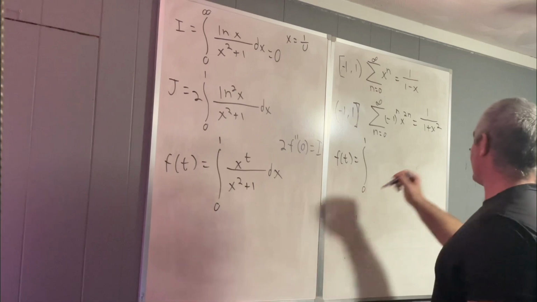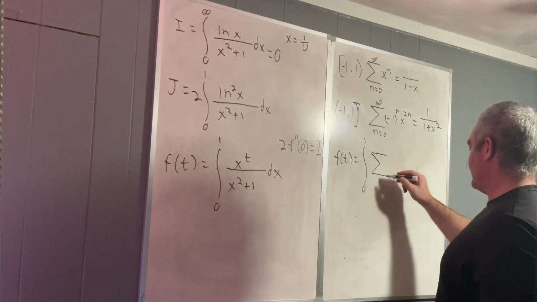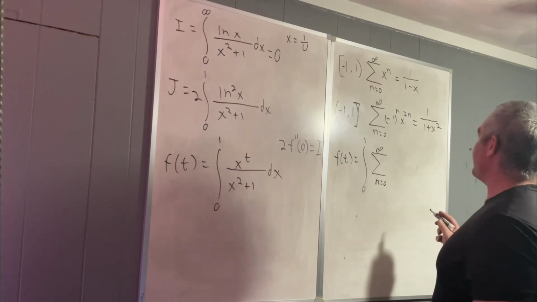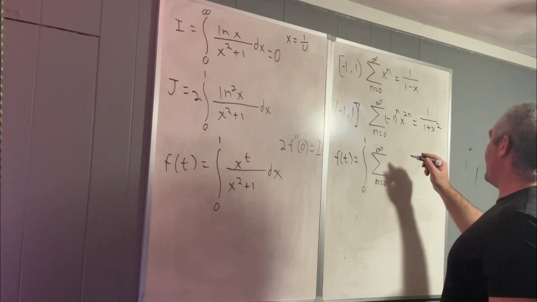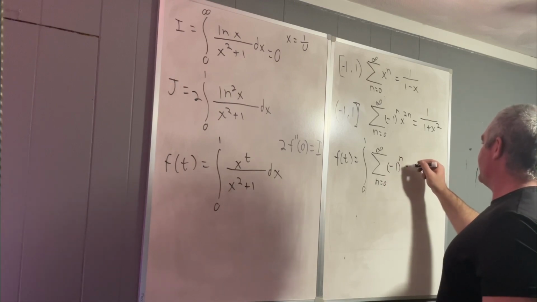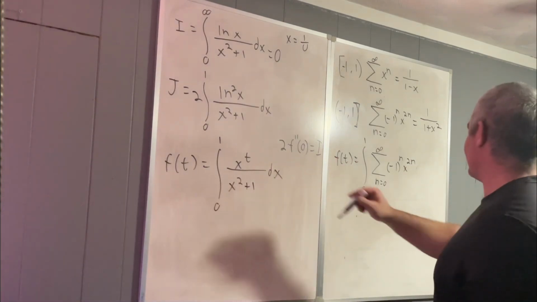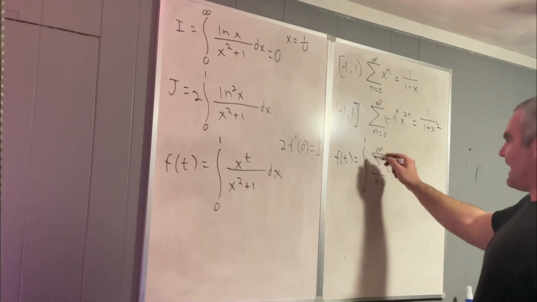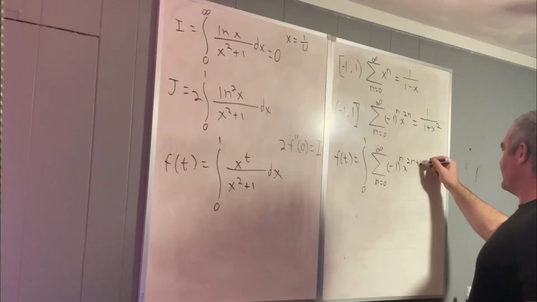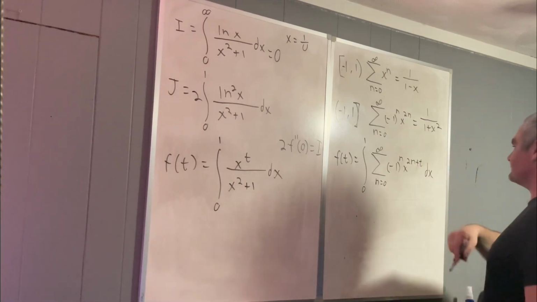This 1 over x squared plus 1 will turn into the sum from n equals 0 to infinity of -1 to the n times x to the 2n, but don't forget we also have this x to the t. That would be out here somewhere, but we can bring it right in since it doesn't depend on n, and then we just get t. And of course, we'd have to have a dx. All right.